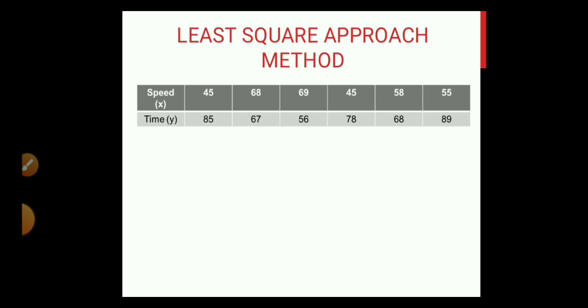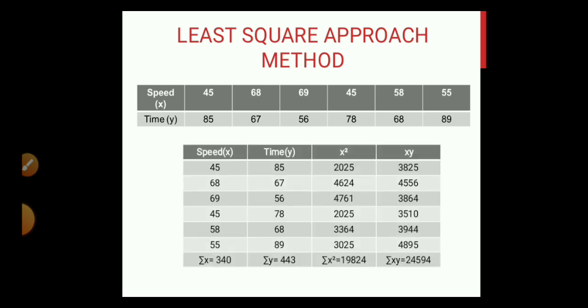From speed and time, we will make it vertical, which consists of 4 columns: speed x, time y, x squared, and the last one is x times y. Since we don't have the values for x squared yet, we just square the speed.